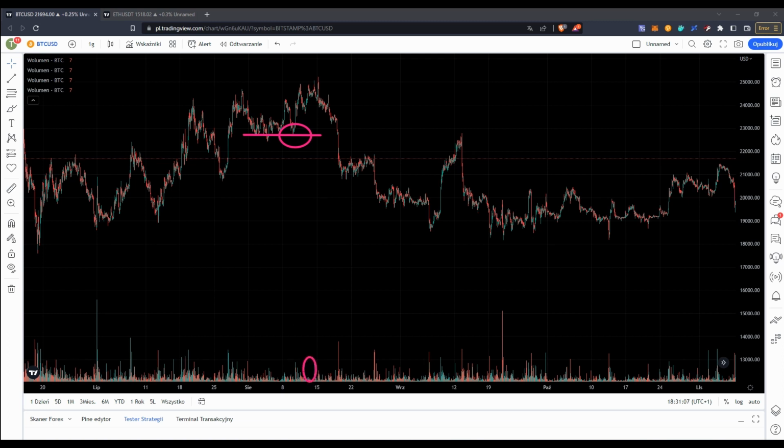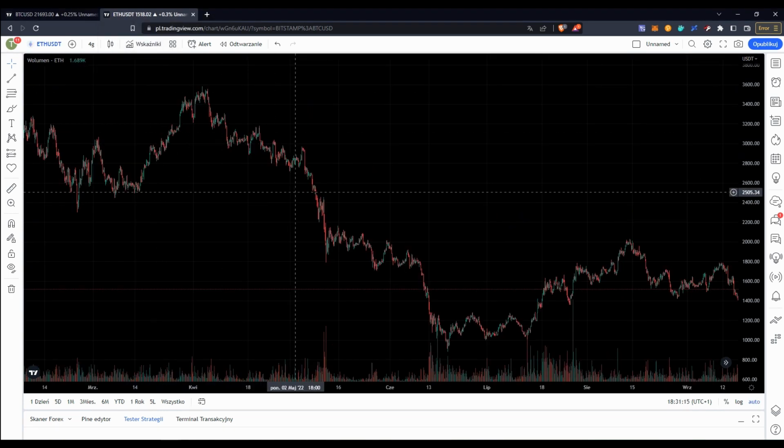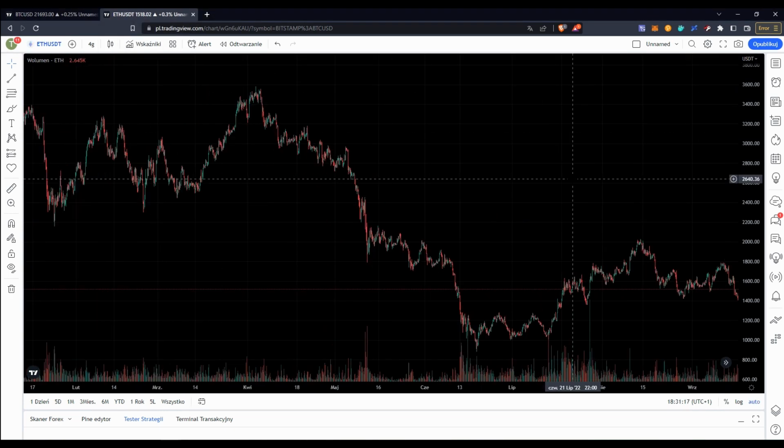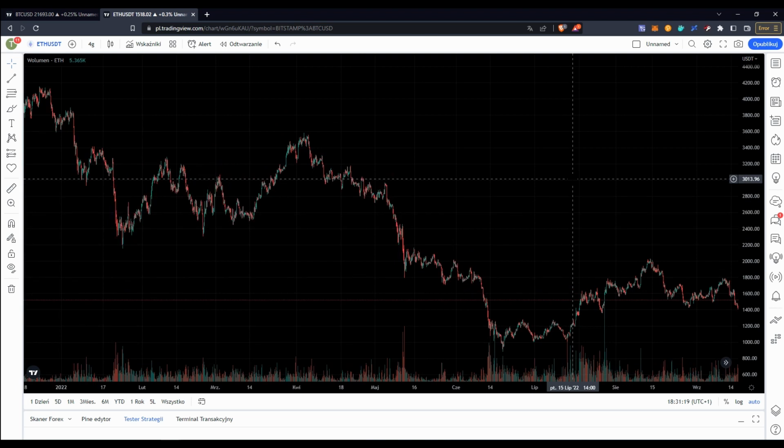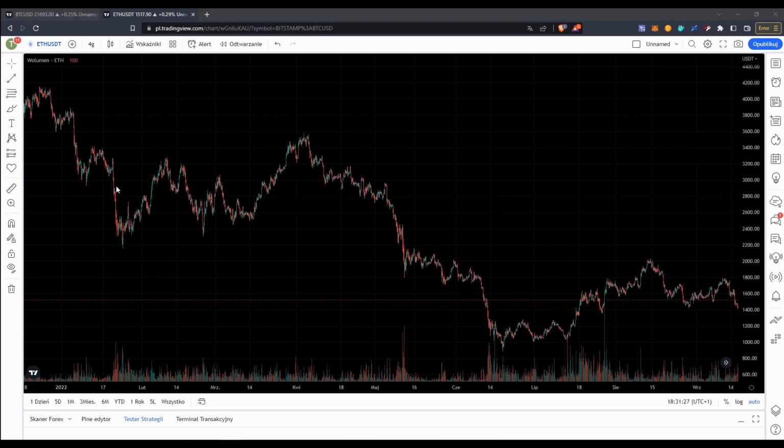That's how it works. Let's have a look at Ethereum right now, okay? And we are going to try to find the opposite thing. So that was the support over here, okay?